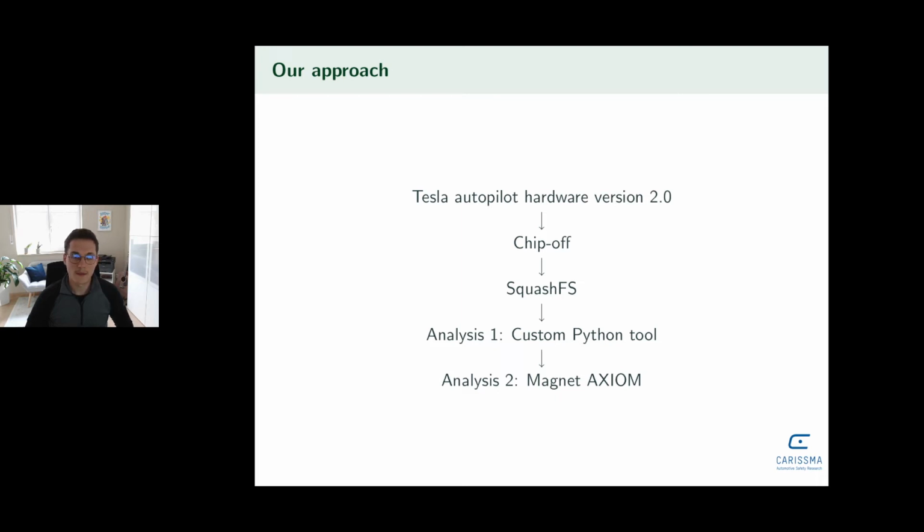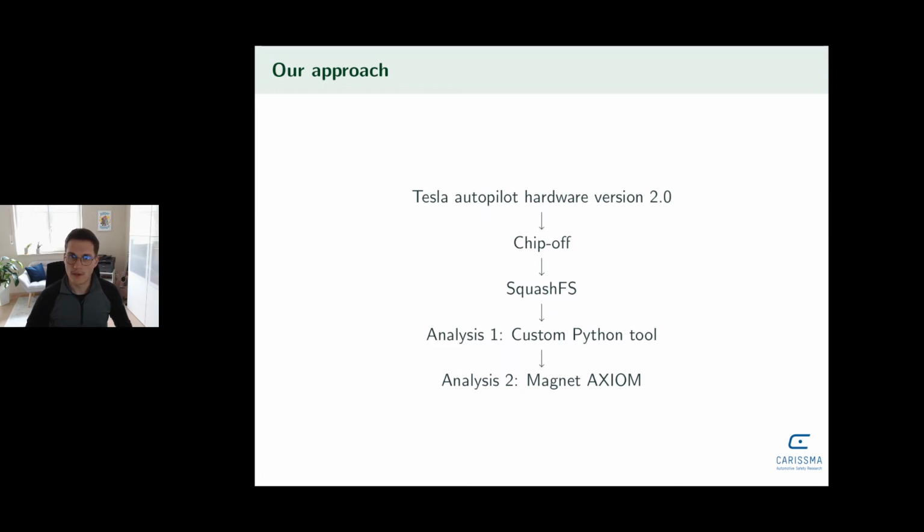When we look at the component of an Autopilot ECU, so electronic control unit, we can perform a chip-off to collect the data from the different storage devices on the component itself. This is what we did, and then we collected a SquashFS image. The image is pretty common for Linux systems.